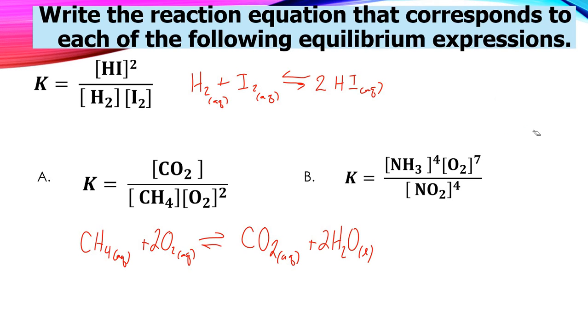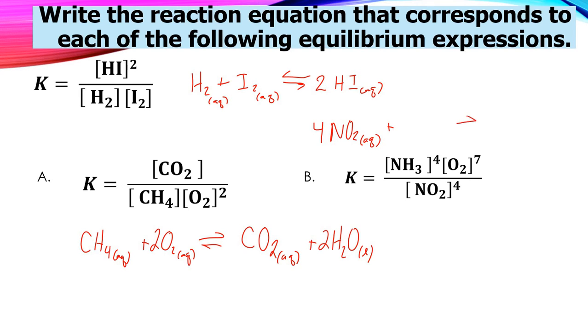Okay. Does anybody have the last one? B for the equation. Remember you've got what on the bottom? Reactants, right? So NO2, we know it's aqueous, and we know we have 4 of them. Plus, I know I'm going to have something because on the top I have a hydrogen.